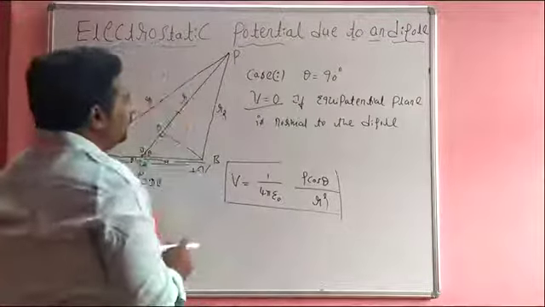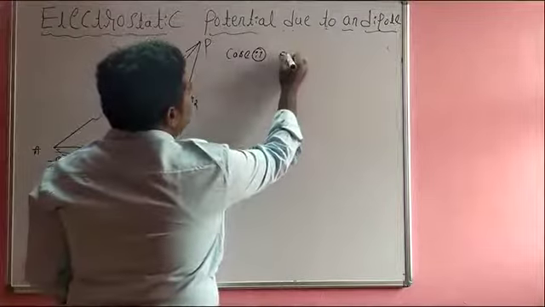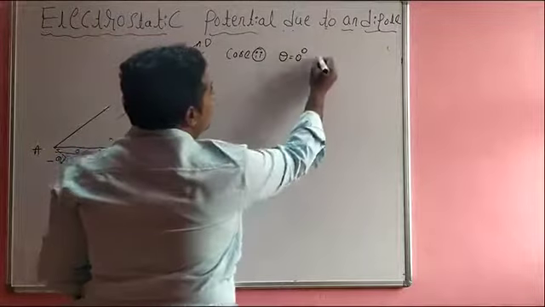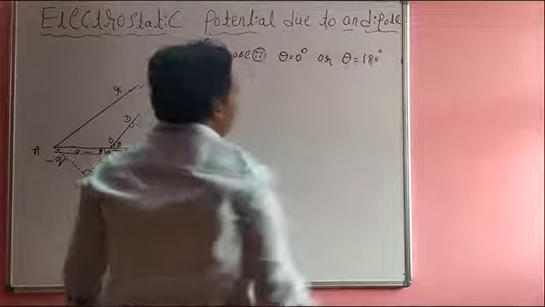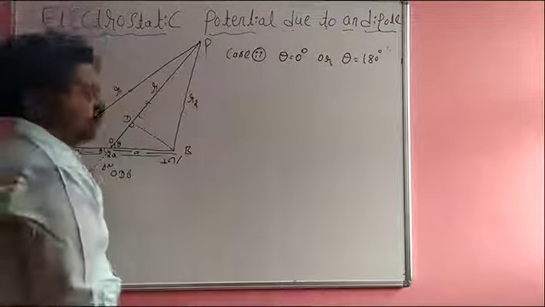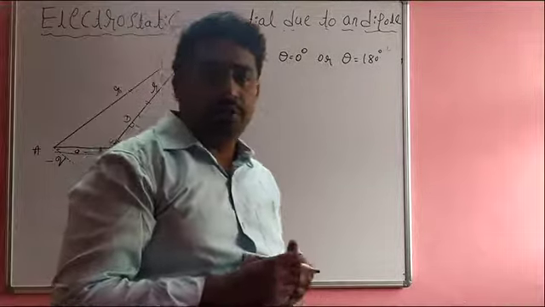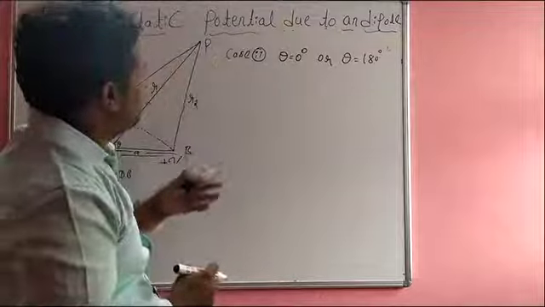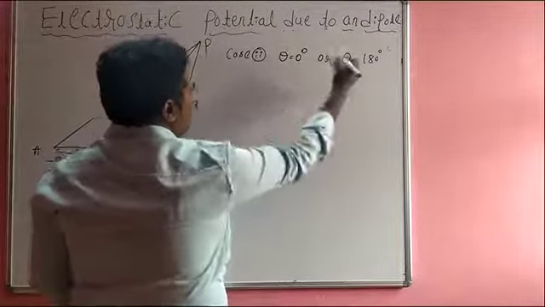Then case number 2: theta is equal to 0 degrees or theta is equal to 180 degrees. So V is equal to 1 divided by 4 pi epsilon naught times P cos theta divided by r square. That is the potential. Cos 0 or cos 180 has the value plus 1 or minus 1.